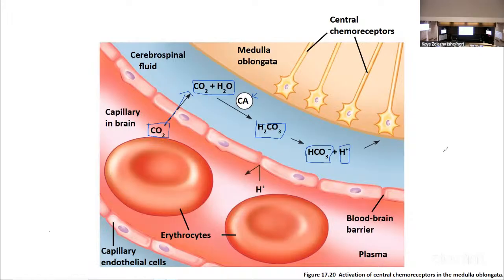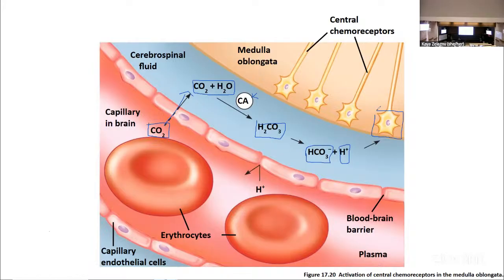Okay, but the result is now we have hydrogen ions sitting around in our cerebrospinal fluid. We're changing the pH of the cerebrospinal fluid a little, and that's what comes into contact with one of our receptors, right? So they're not directly touching the blood.